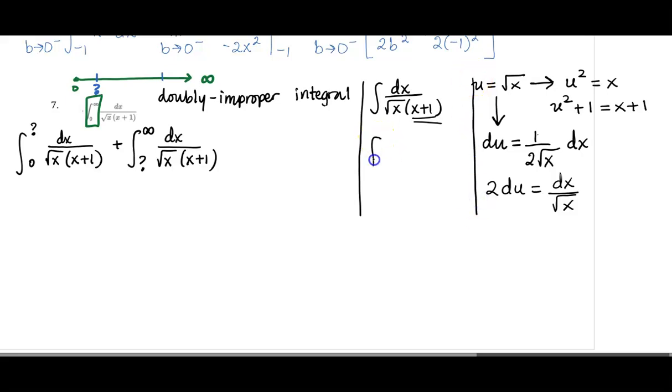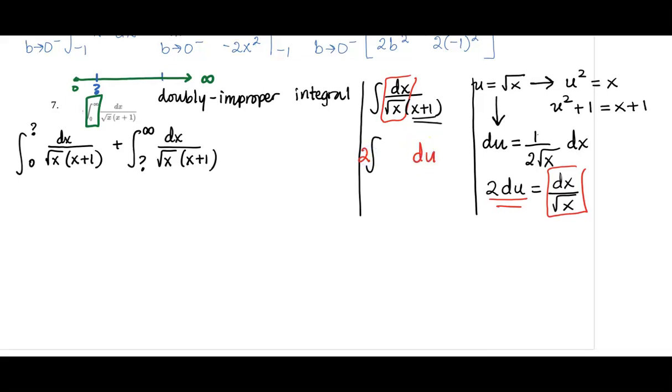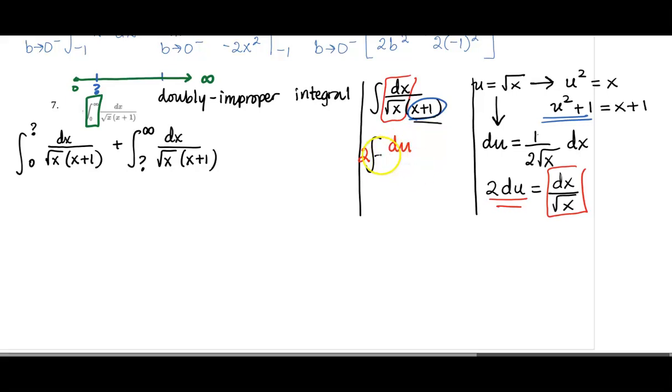So now if we start substituting into the integral, all this dx over the square root of x can be replaced with a 2 du. And then this x plus 1 in the denominator is just u squared plus 1.